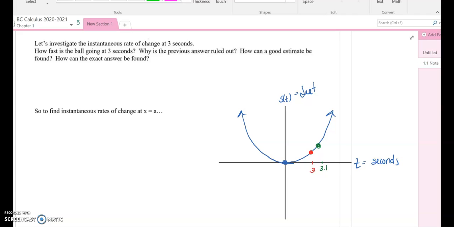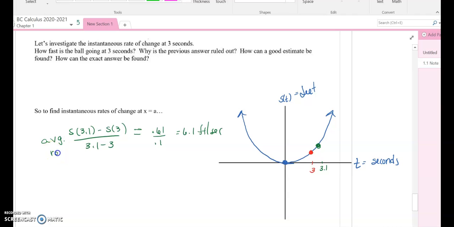So if I found the rate of change between 3 seconds and 3.1, is that the instantaneous rate of change? So if I said I want s of 3.1 minus s of 3 over 3.1 minus 3, is that instantaneous? The answer is no. This is just an average rate.